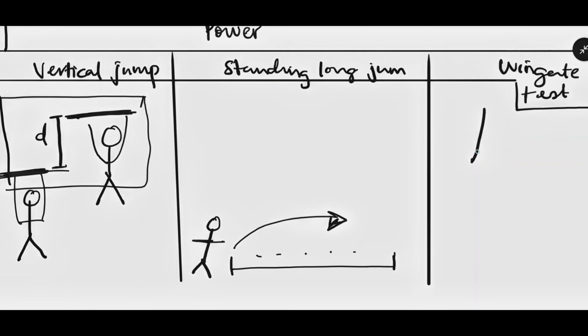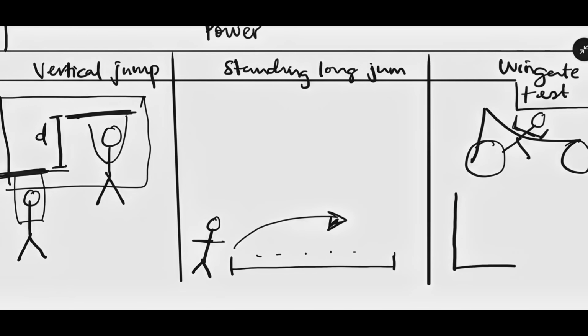So let's say we have a stationary bike here, and we have the participant here. They're going to cycle as quickly as they can for 30 seconds. So all out sprint on the cycle, just cycling as fast as they can. And the way this is used to get an outcome is their power output is measured in 5-second intervals over the course of 30 seconds.